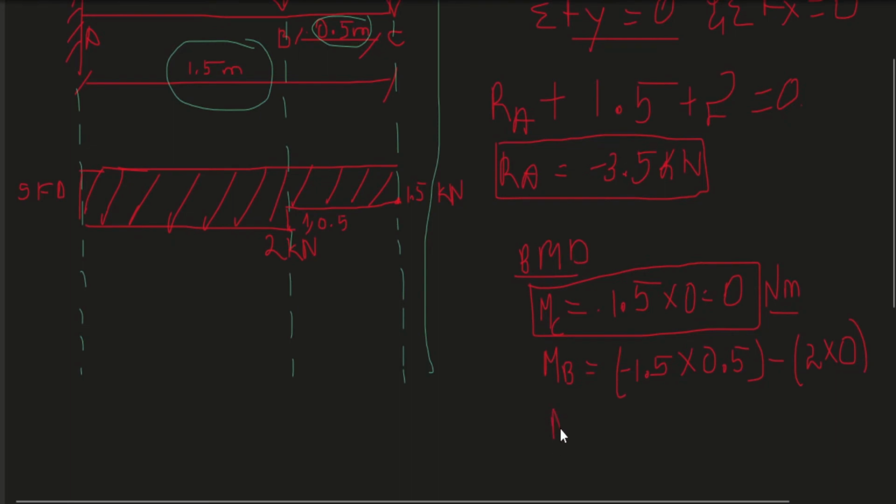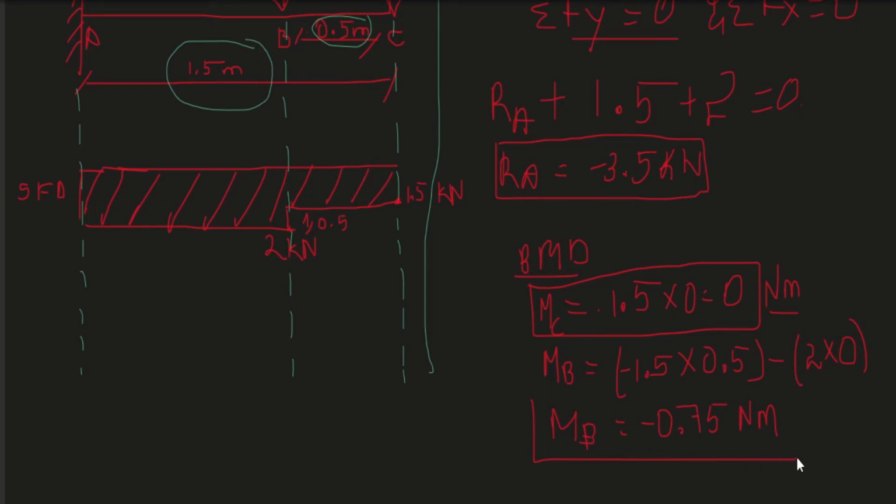So what we get is the bending moment at B is equal to minus 0.75 kilonewton meter. It is the bending moment at B.